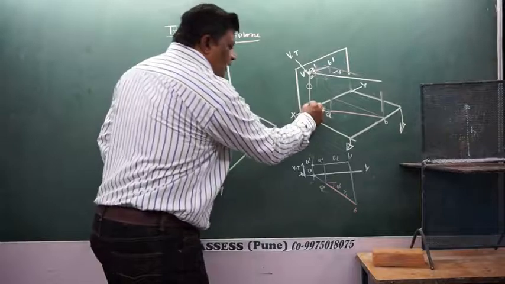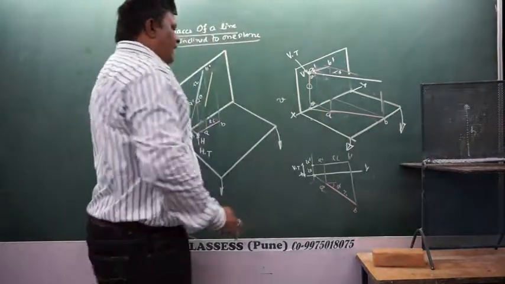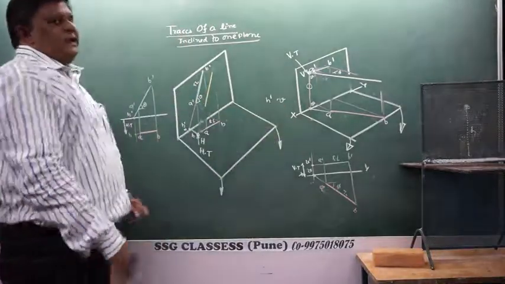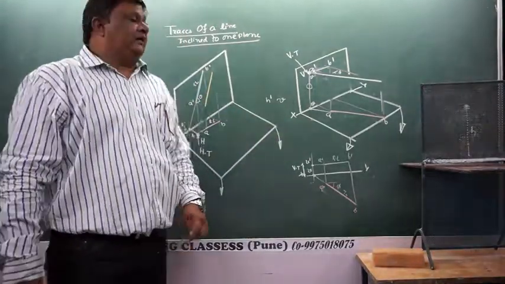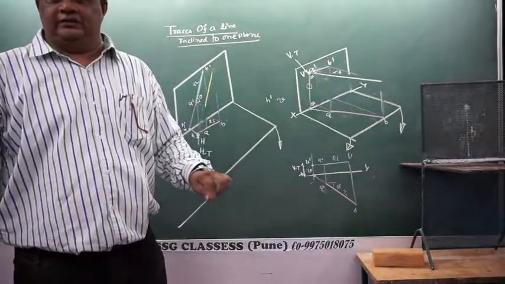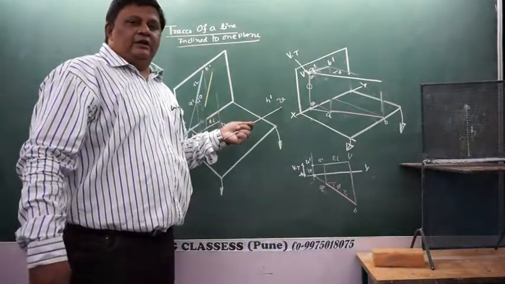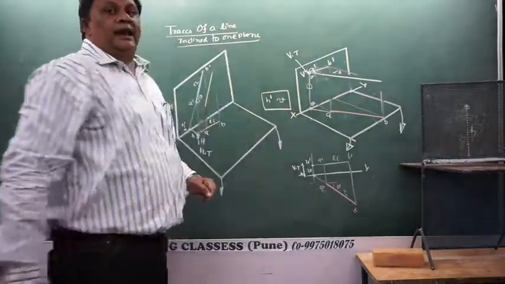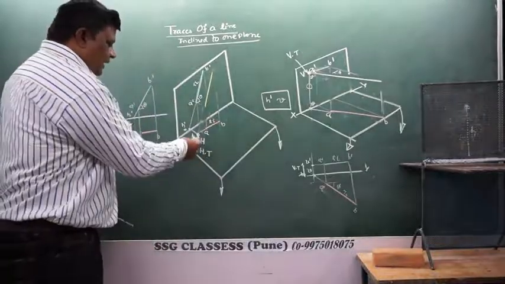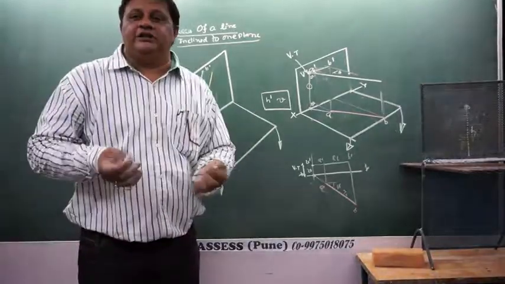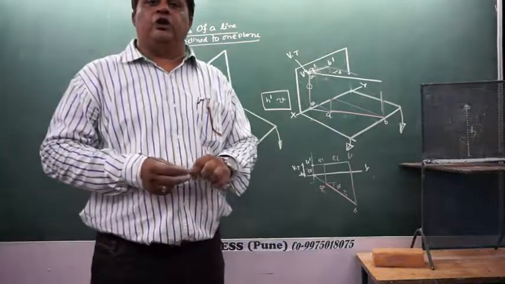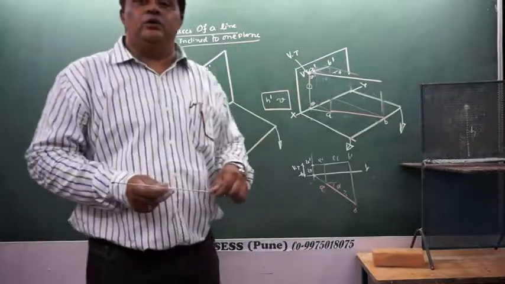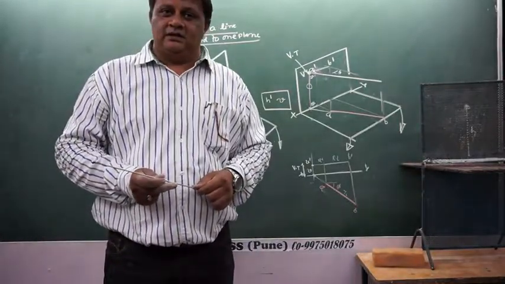That means small v will always be on the XY line, and H dash will always be on the XY line. Hence I can simply say that, irrespective of any condition, H dash and v will always remain on the XY line. Whereas your H or V can keep on changing their position depending on the position of the line, which we will see when we go for the line inclined to both the planes.